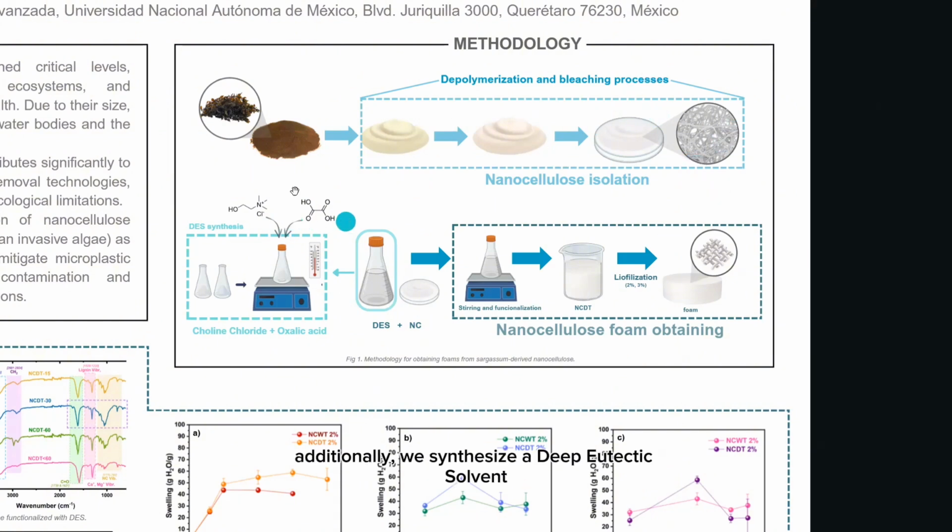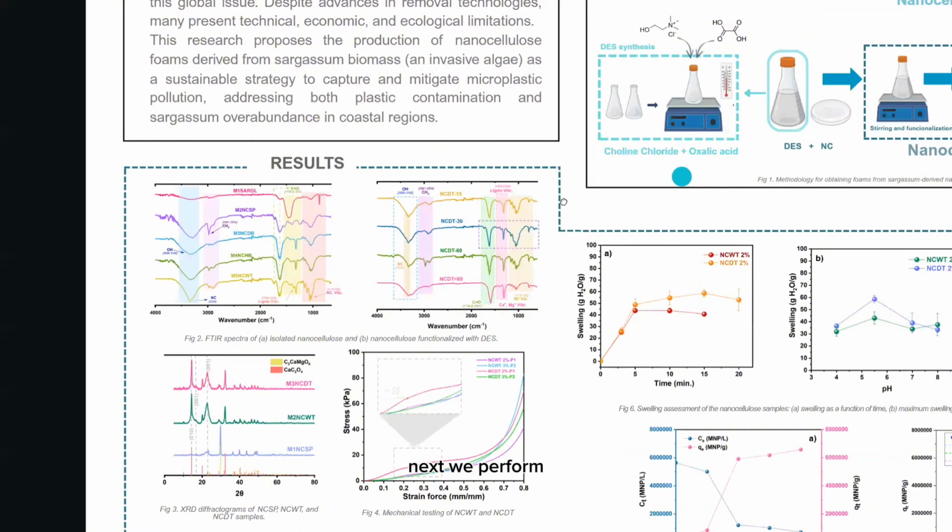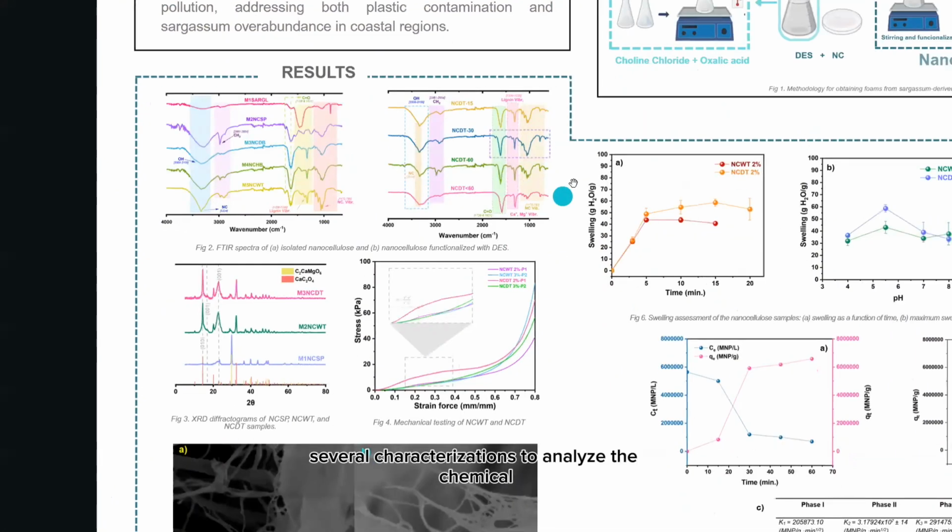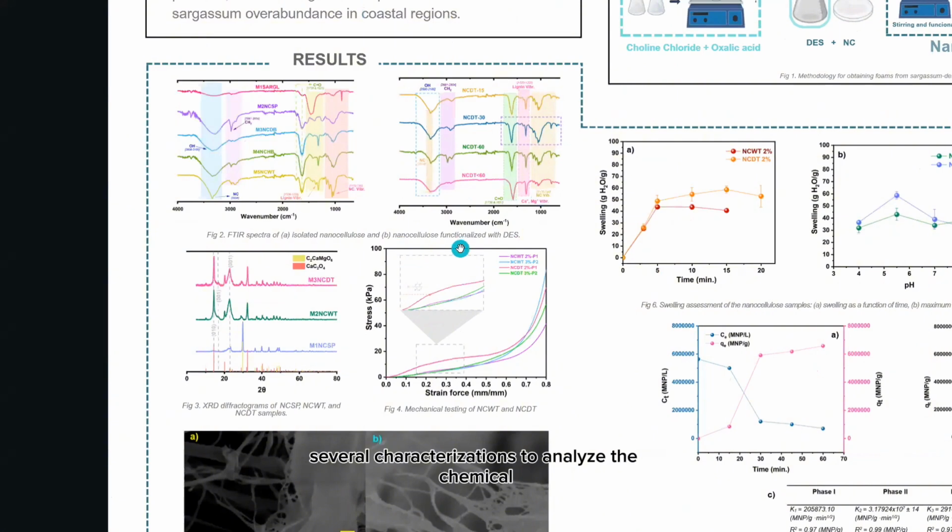Additionally, we synthesized a deep eutectic solvent using oxalic acid and choline chloride, which was used to functionalize part of the nanocellulose and compare its properties with the unmodified form. Next, we performed several characterizations to analyze the chemical composition and functional properties of the final materials.